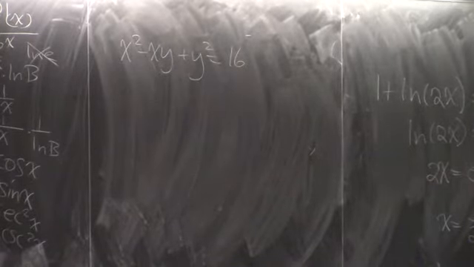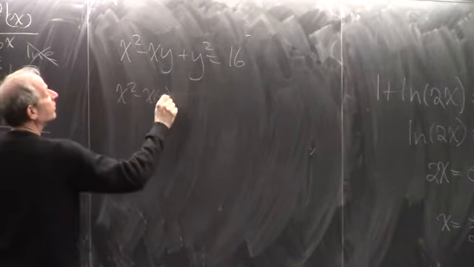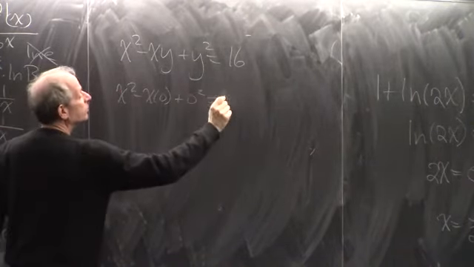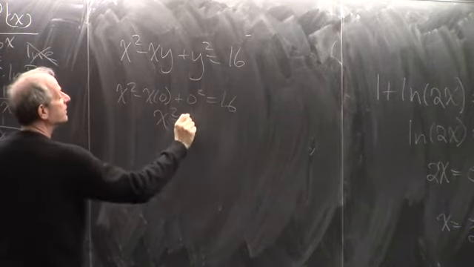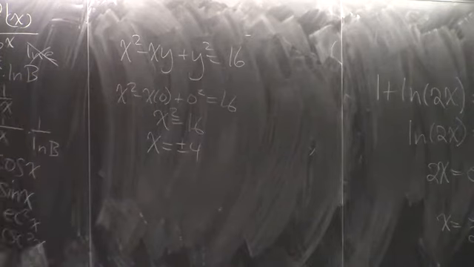So if we want to know where this intersects the x-axis, just let y equal 0. You get x squared minus x times 0 plus 0 squared equals 16, or x squared equals 16. x is plus or minus 4. One more time. You intersect the x-axis when y is 0, and the y-axis when x is 0. Those are the intercepts, right?